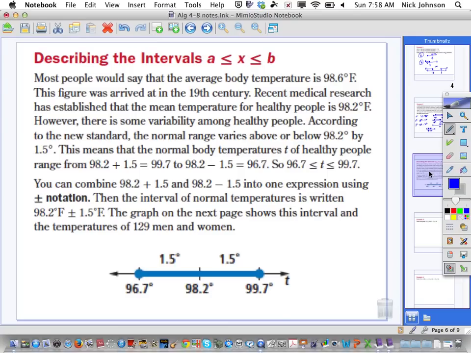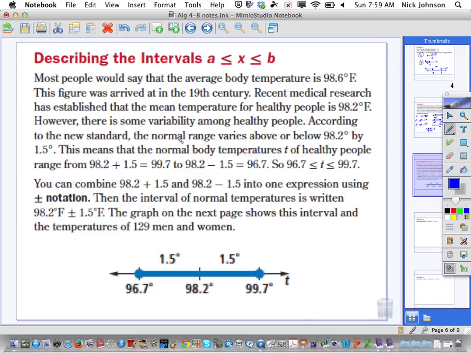Describing intervals. Most people would say that the average body temperature is 98.6 degrees Fahrenheit. This figure was arrived at in the 19th century. Recent medical research has established that the mean temperature for healthy people is 98.2 degrees Fahrenheit. However, there is some variability among healthy people.